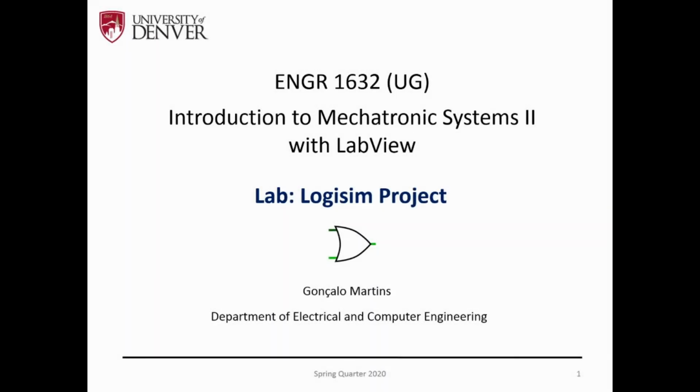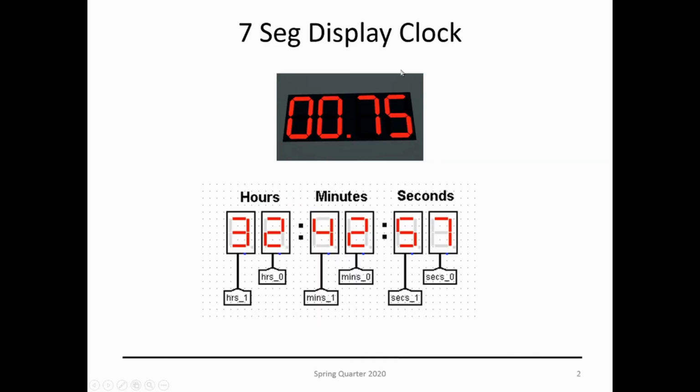So the lab for this Wednesday is a Logisim project, and you're going to be doing a 7-segment display clock. We want a bunch of 7-segment displays, or hexa displays, for Logisim, and we want to implement the clock.